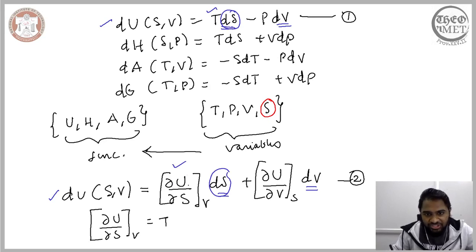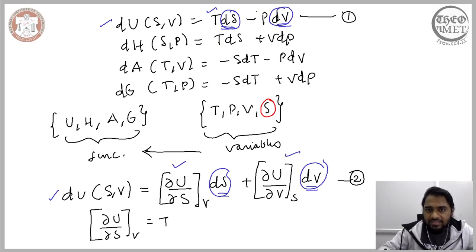That is, the change in the internal energy with respect to entropy is equal to the temperature, and the same goes for dV and dV here: the change in the internal energy with respect to volume, when the entropy is constant, is the negative of pressure.